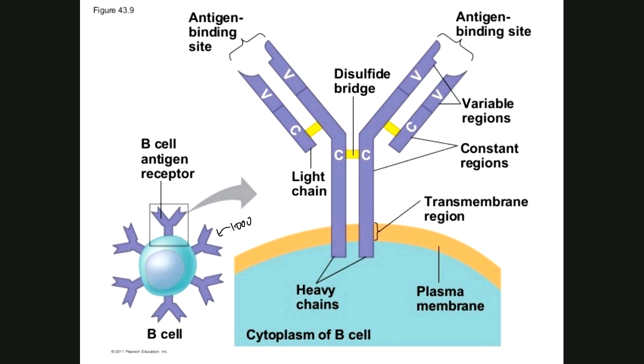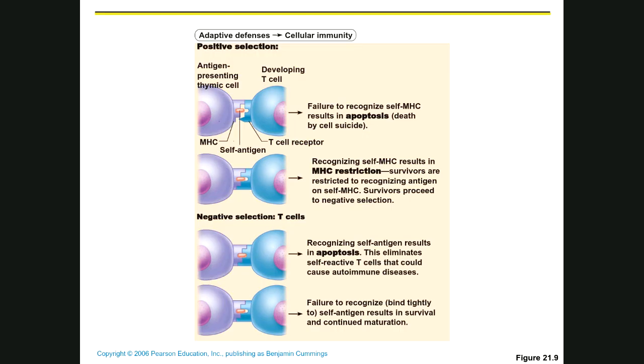And right here is where that antigen has to fit. So whatever shape matches that, this particular B cell then is going to be selected. It's going to win the lottery. Any questions?